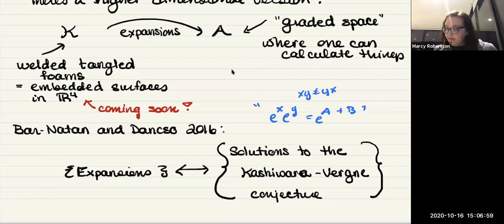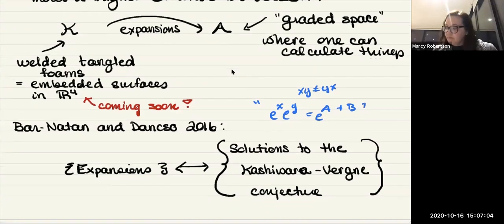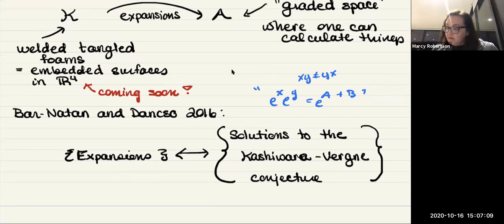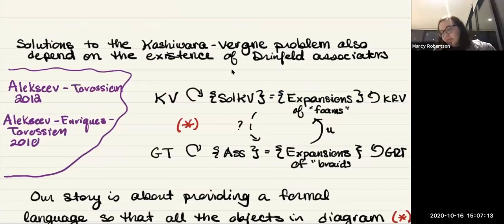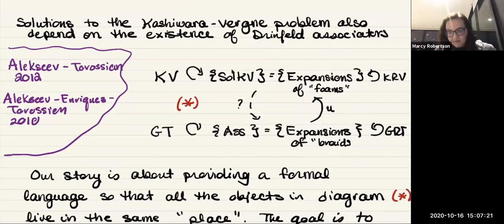So it seems like it's completely random, but it's corresponding to these knot invariants. Okay. So what is our goal? Sorry, a little bit more detail. In fact, it turns out that the general solutions to the Kashiwara-Vergne problem also depend on the existence of a Drinfeld associator. Remember that I'm saying that the existence of an expansion for braids, for parenthesized braids, comes from the existence of a Drinfeld associator.